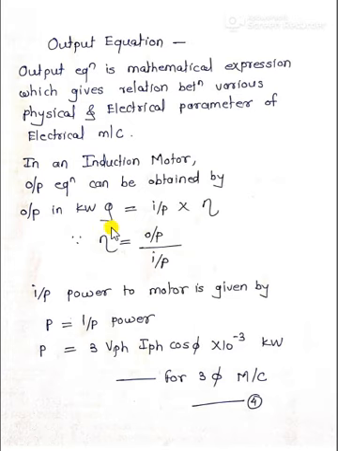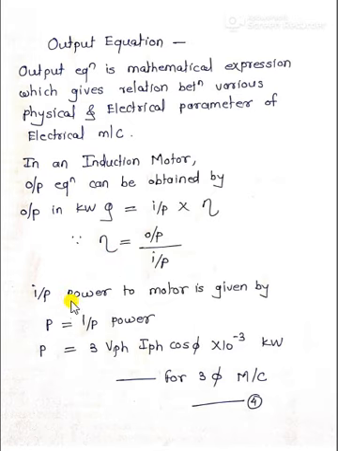Notation is capital Q, equal to input into efficiency. As we know, efficiency is the ratio of output upon input. From this equation we write output in kilowatt, that is capital Q is equal to input into efficiency.